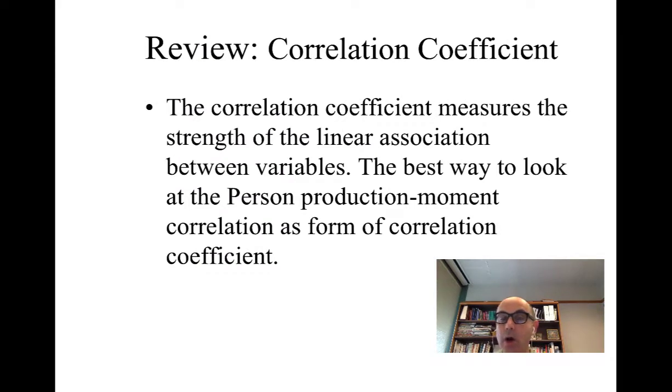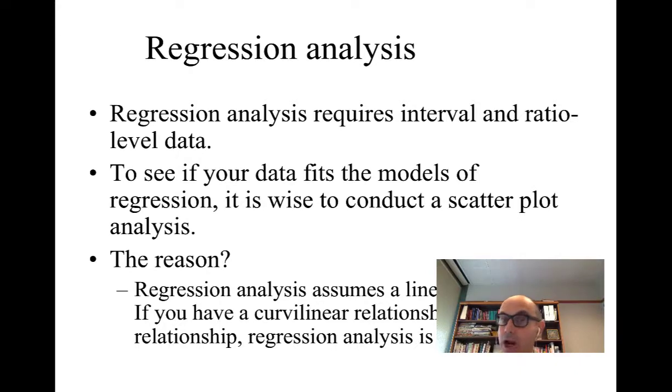In correlation, we often use the correlation coefficient to measure the strength of the linear association between the two variables. The best way to look at it, as we learn, is the Pearson product moment correlation in the form of a correlation coefficient. In comparison, regression analysis requires interval and ratio data only, which means it's quite a high level of data.